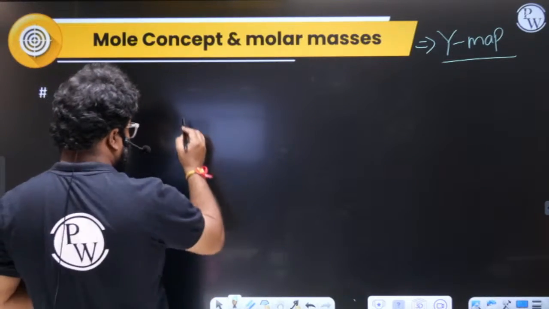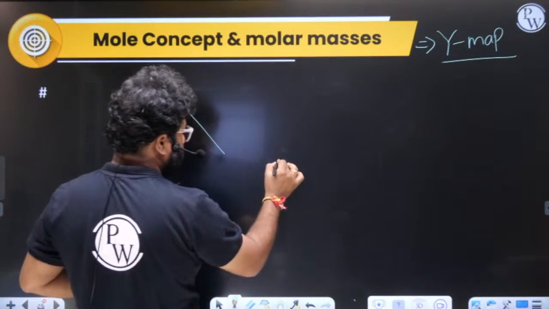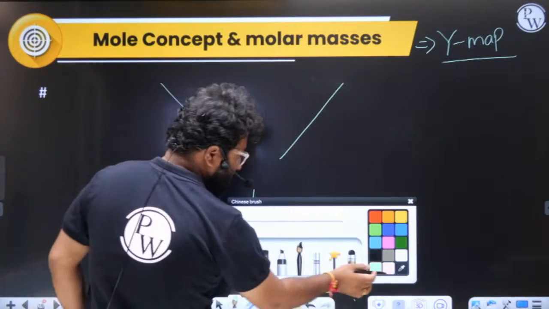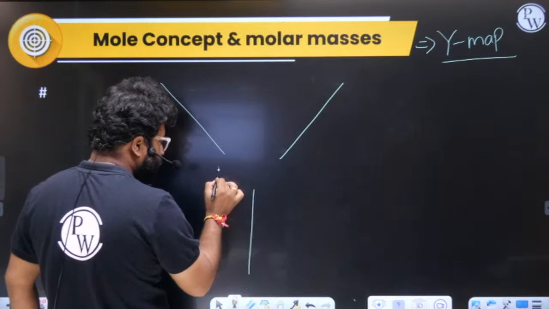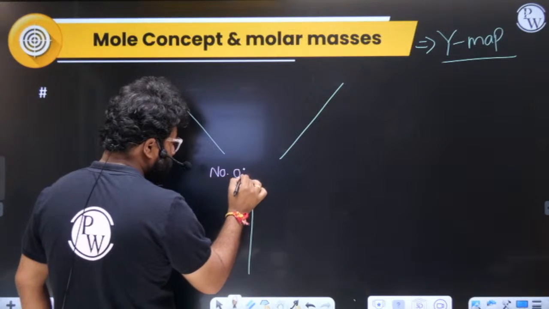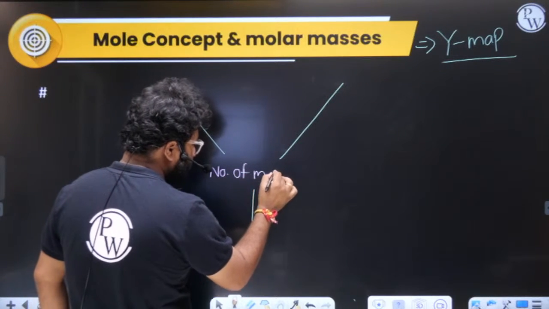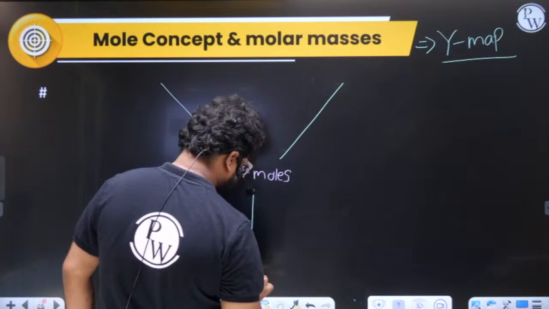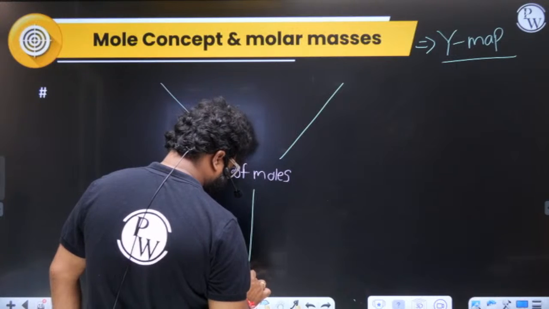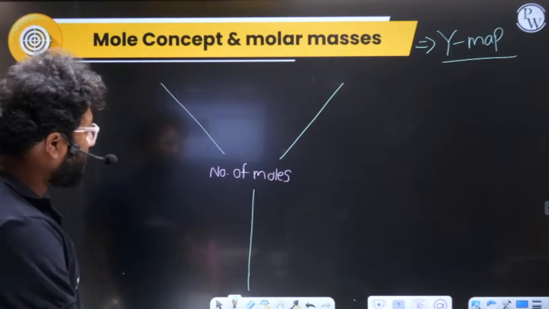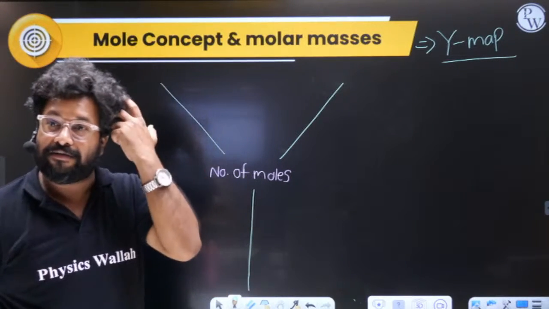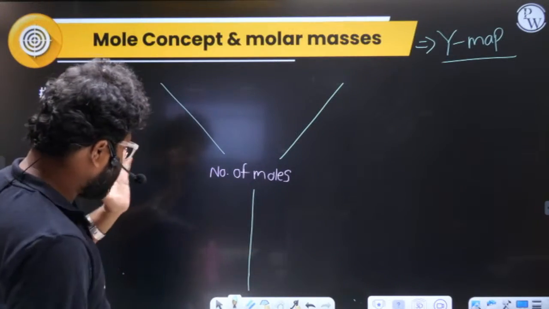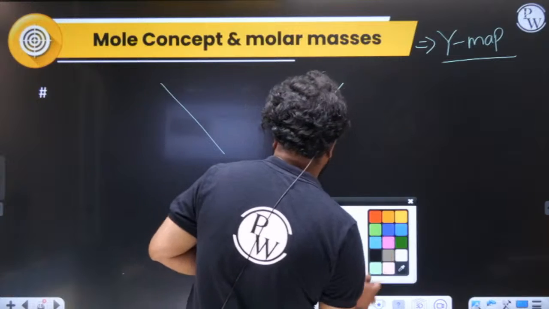What is the Y map? Let's understand here. At the center of this Y, you are going to have the number of moles. And how do we find out the number of moles? There are many ways by which you can find it.